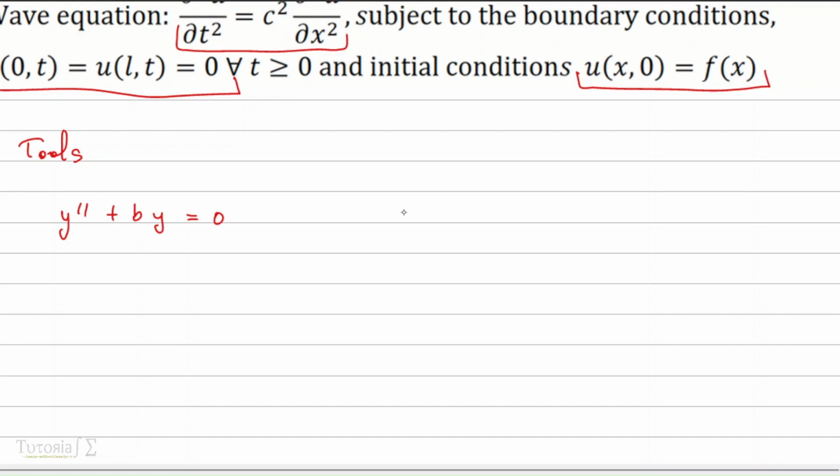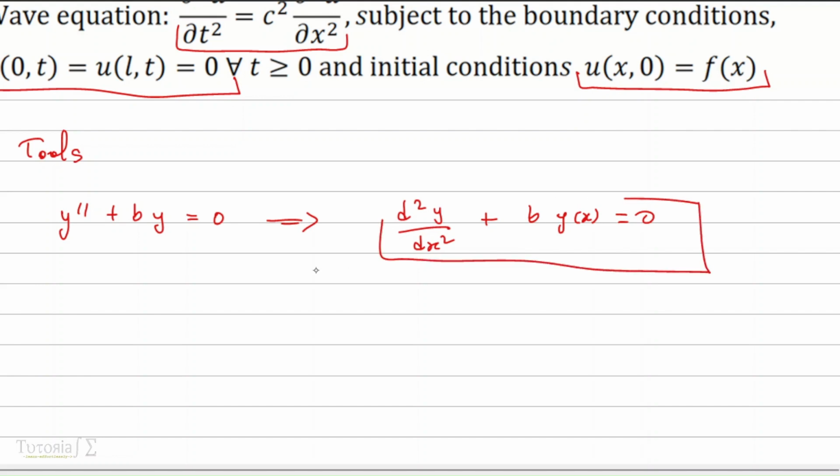So this could be d²y/dx² plus b y, where y is a function of x. This and this mean the same thing. So if you have a differential equation like this, you can always factor out the y.